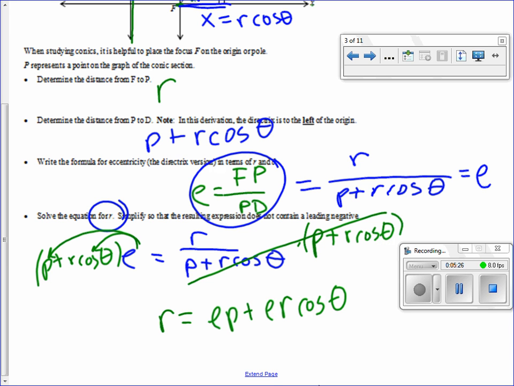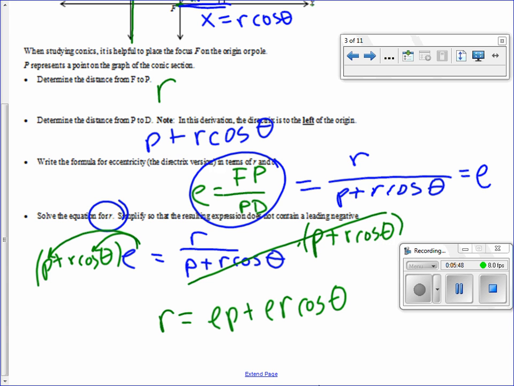Oh yeah, the E is distributed. So remember, this was the definition for eccentricity, and then E gets distributed to both the P and the R cosine theta. Our goal is to solve for R. That's what we're being asked to do. So I want you to notice right now there's two R's in the equation.